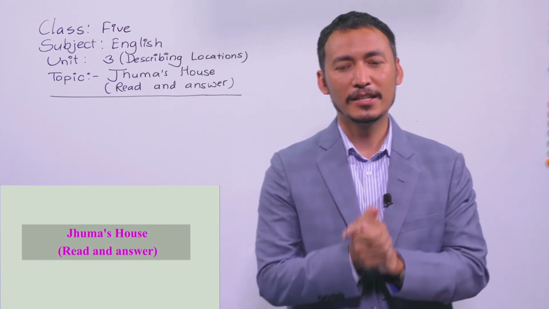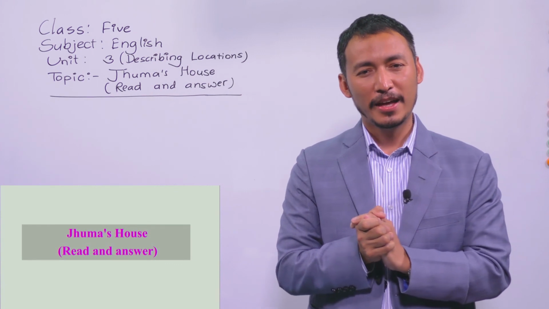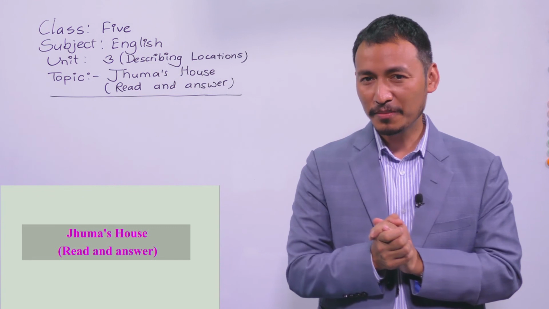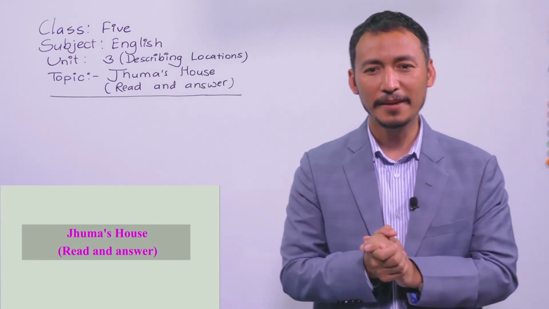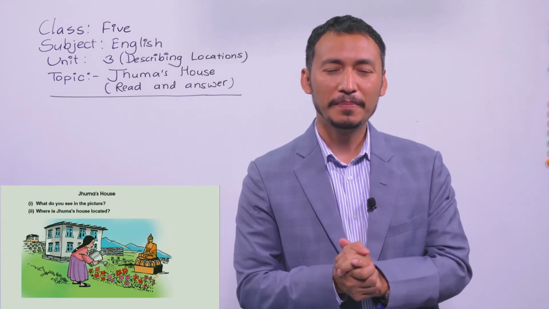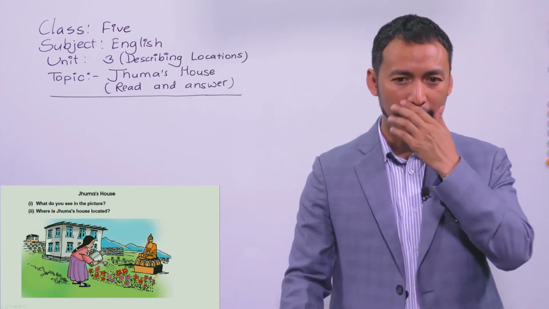The topic is Jhuma's house. All right, so have you seen it in your book? Okay, please, if you have your book, you can open it and see the story. The picture that we saw earlier is about Jhuma's house. You see here.